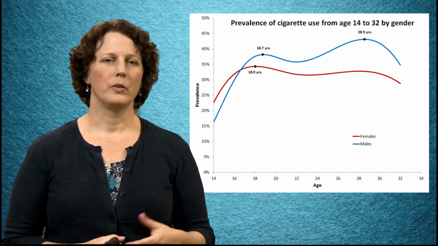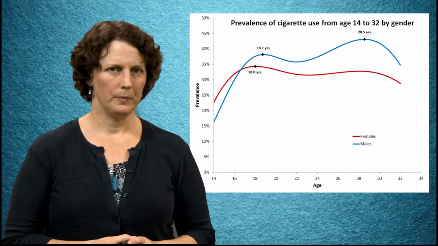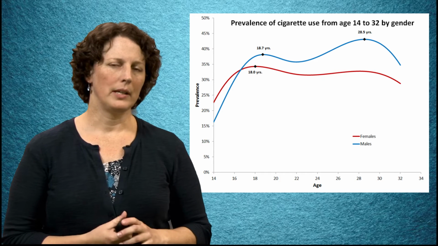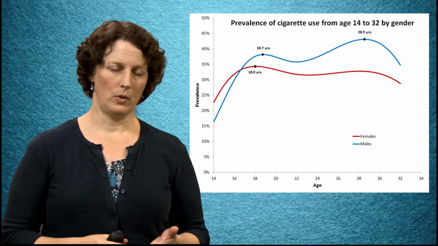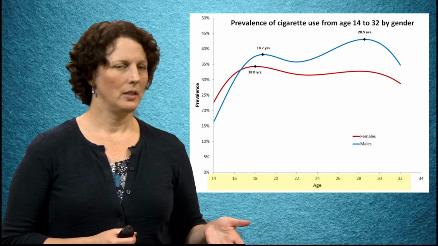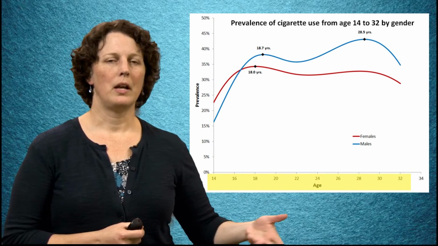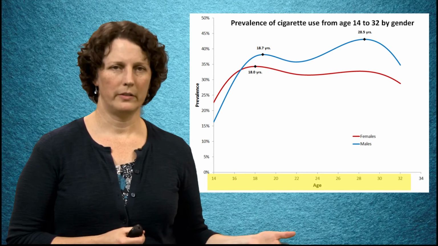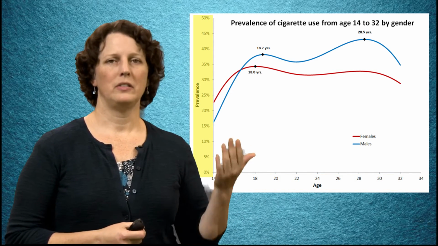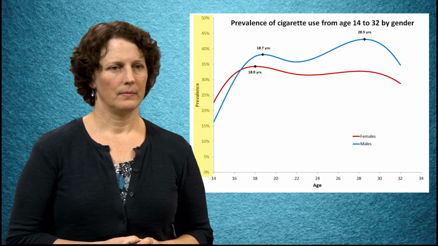We examined cigarette smoking from ages 14 to 32. And then we looked at whether biological sex was a moderator of the rate of smoking across age. The first thing we can see is that the curves have a complex shape. They're not linear, they're not quadratic, they're more complex than that. On the x-axis, that's our time axis, we're plotting age from 14 to 32. And on the y-axis, we have the prevalence of cigarette smoking.